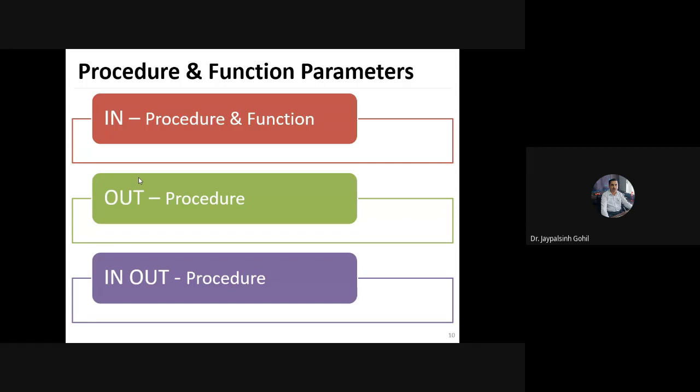Procedures will have all three types: in mode, out mode, and in out mode parameters. Because a procedure does not explicitly return a value, by using out mode variables we can return the value outside of the procedure. So procedures incorporate all three mode parameters, but if we are using a function, then only in mode parameter is permitted, right?